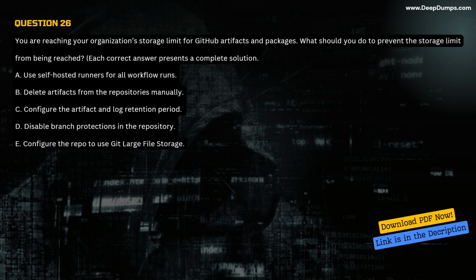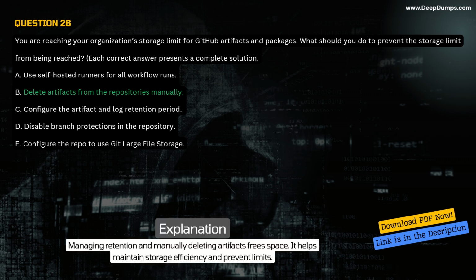D. Disable branch protections in the repository. E. Configure the repo to use Git Large File Storage. Correct answer B. Delete artifacts from the repositories manually. Explanation. Managing retention and manually deleting artifacts frees space. It helps maintain storage efficiency and prevent limits.